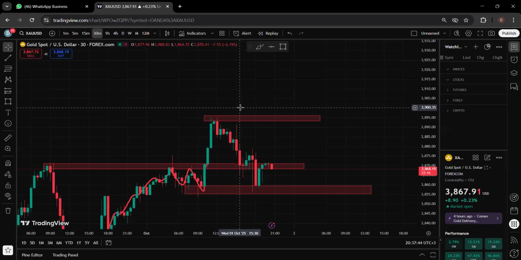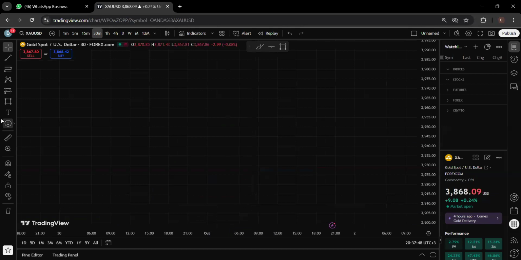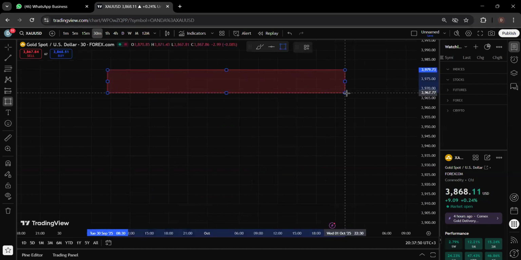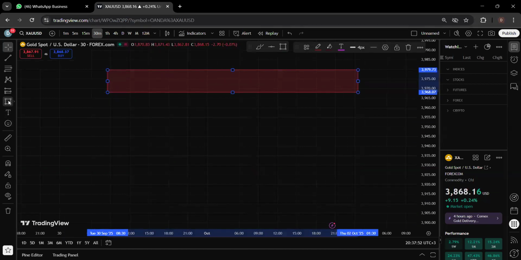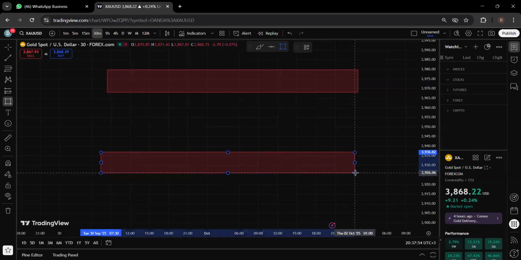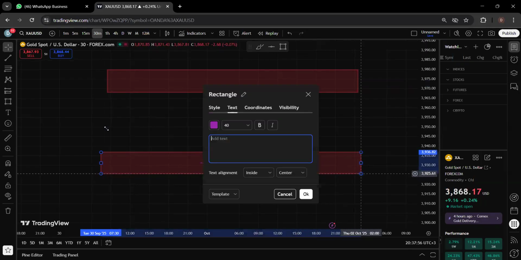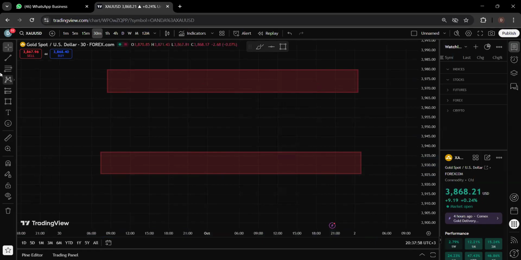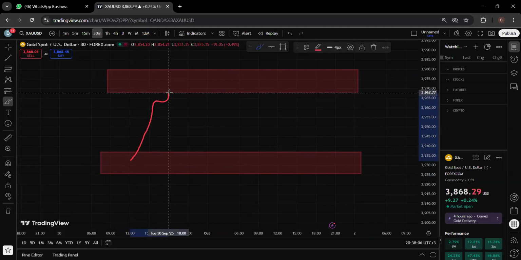Let me tell you something about support and resistance, how we can trade within support and resistance. So if this is my resistance and this is my support, it's very simple. We're expecting the market to push all the way to resistance, then come back.